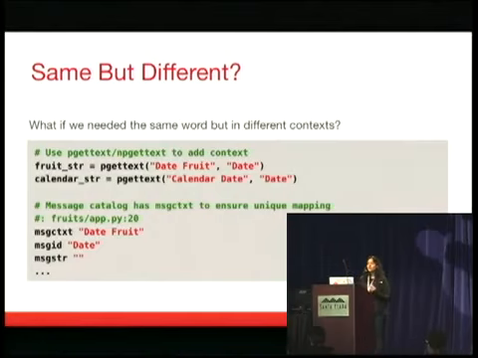The pgettext call essentially takes in another parameter that helps you distinguish between two situations that have the same string, and you just pass in a message context. If you had gone with a normal ugettext call, the date string would have been merged into one entry in your PO file. But over here, you can see that with the addition of the message context field, you get two separate entries, and they'll be distinguished in your PO file.